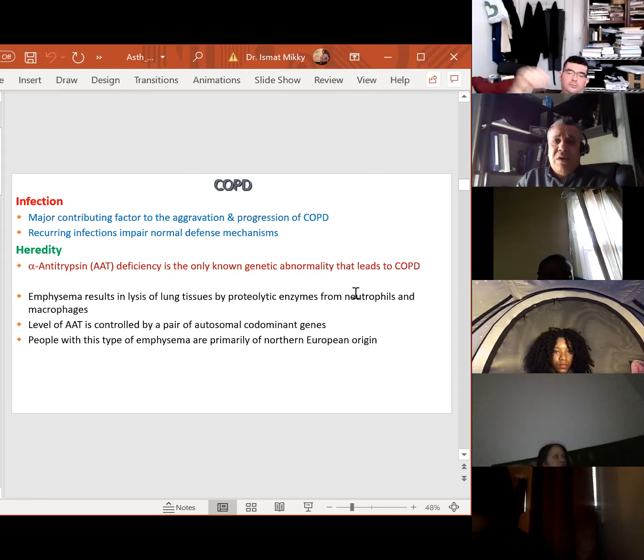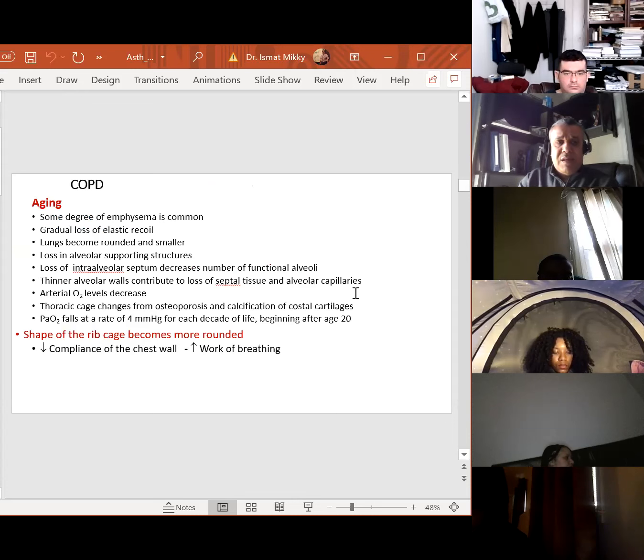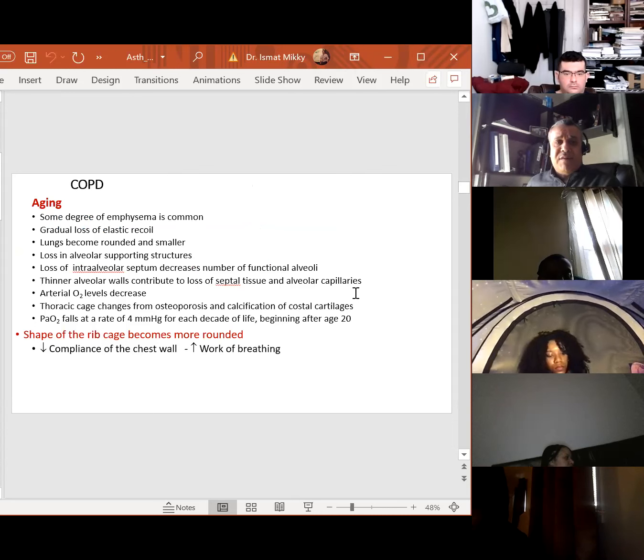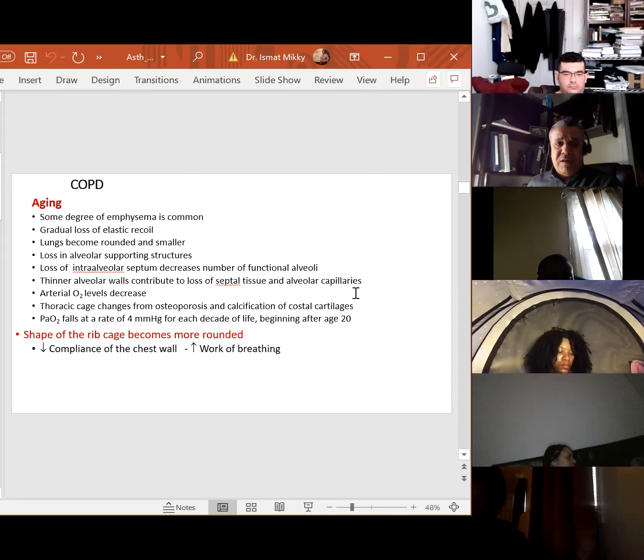If the patient has this deficiency, it could result in premature emphysema. That's a new association in terms of the scientific basis of the pathophysiology of COPD.